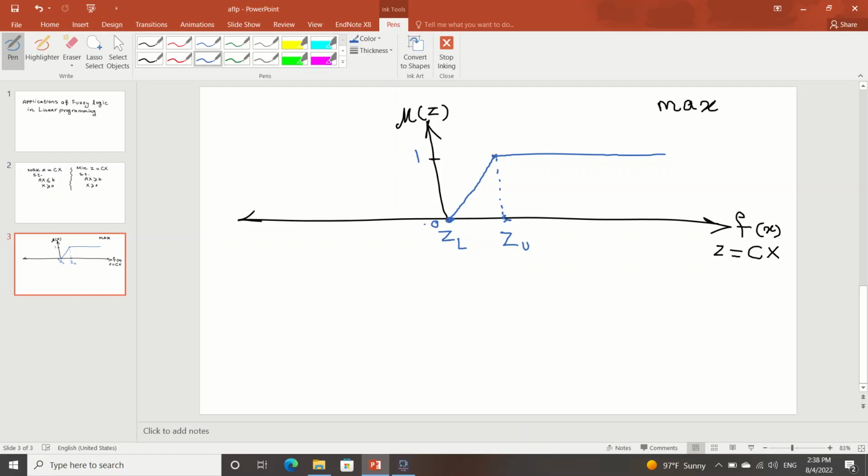The maximum value or optimum value, the global optimum value of the objective function in the linear programming, for example, equals z upper, the optimum value, z star, z upper. After that, we can say there is a feasible value for z, so that we can reach the optimum value. But we assume that the optimum value is localized at this point with notation of z upper.